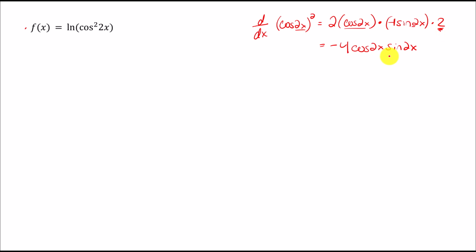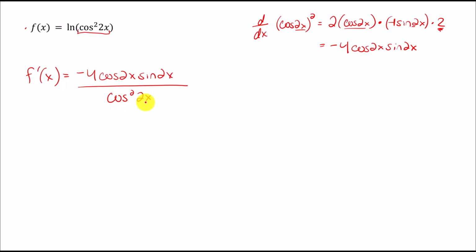So that's the derivative of the inside. So when we take our derivative here of this natural log of cosine squared 2x, we're going to have the derivative of the inside, which we already found, negative 4 cosine 2x sine 2x over what was already there, so cosine squared 2x.